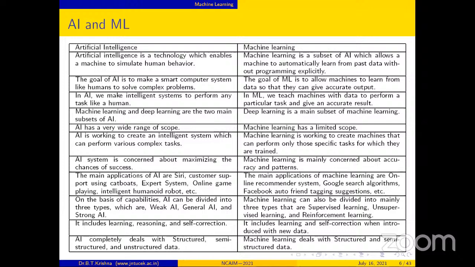Artificial intelligence completely deals with structured data, semi-structured data, and unstructured data. Machine learning deals with structured and semi-structured data. Structured data means data which is clearly defined and contains some quantitative information.